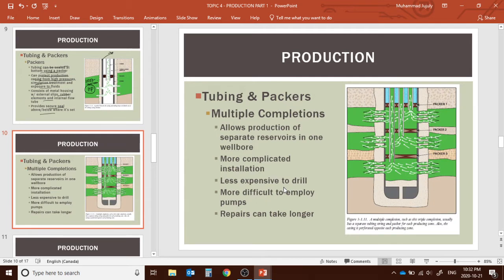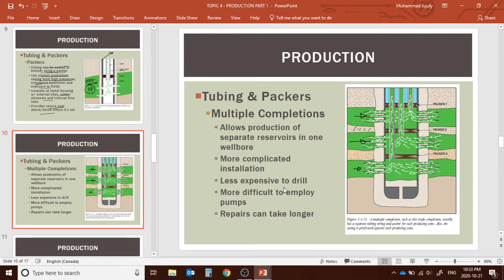All right, now you can use multiple tubes and multiple packers. For instance, if your production casing is huge, is big, then you can put multiple tubes for multiple production zones. For instance, this is one layer of oil and gas, and then you get the sands, and this is another layer of the reservoir.